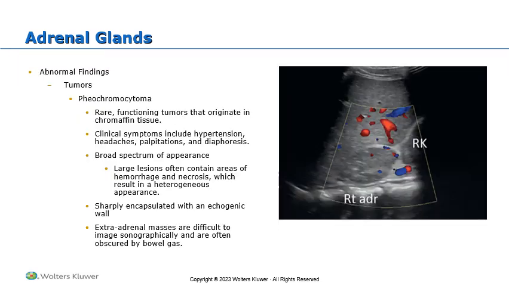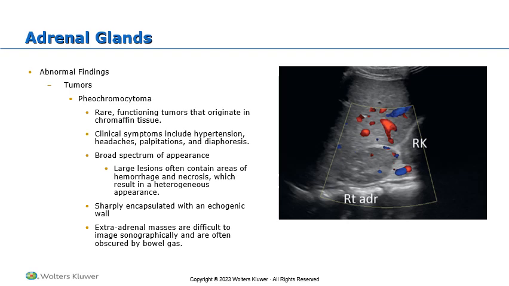Okay, so another type would be the pheochromocytoma. So this tells us specifically it's the pheochrome cells. Those are very responsible for that fight or flight response, or the epinephrine, norepinephrine. These are highly functioning, meaning if the pheochrome cells normally release epinephrine, norepinephrine when needed, these are functioning all the time, releasing those hormones into our body.